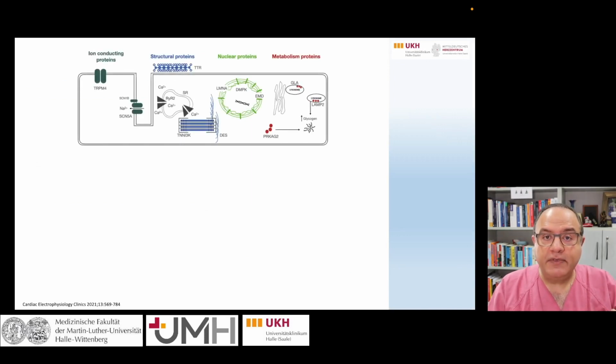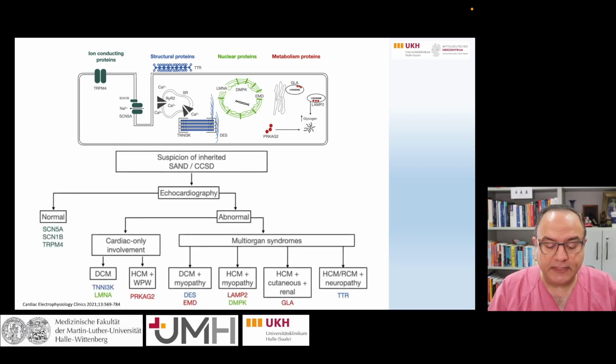For AV conduction, we need many proteins: ion conducting channels, structural proteins, nuclear proteins, and metabolic proteins. And these proteins are vital in AV conduction. So any mutation in these protein structures and any mutation in the genes coding these proteins can cause AV block alone, but most commonly with cardiac or extracardiac manifestations.